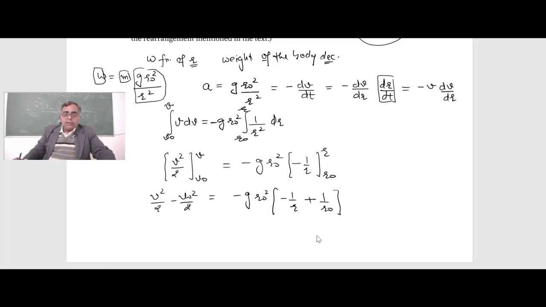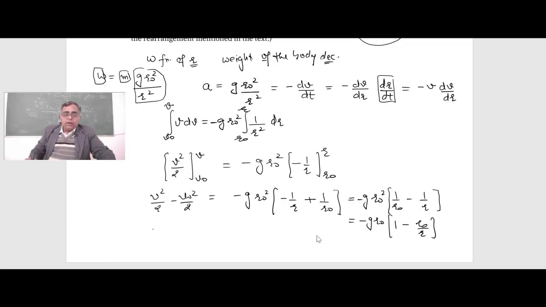Or I can write it as minus g r naught square times 1 by r naught minus 1 by r. Or I can again write g r naught, taking r naught common so that I get r naught instead of r naught square, times 1 minus r naught by r.